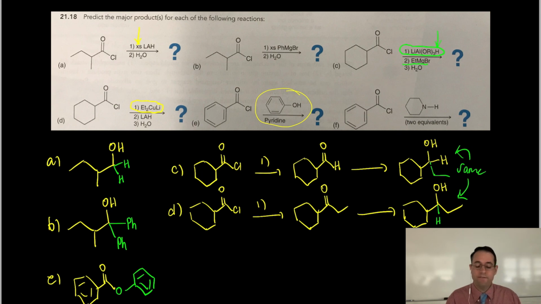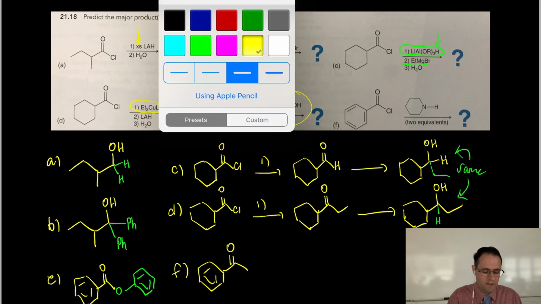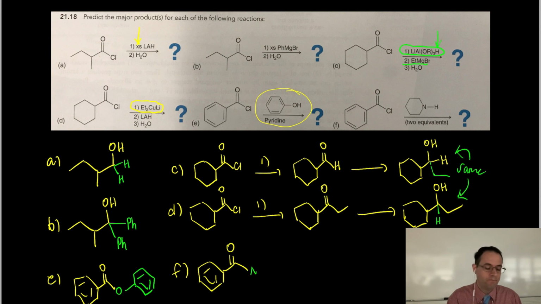In part F, we have formation of an amide. So replace that chlorine with the nitrogen. And then think carefully about what R groups are on that nitrogen. There's a ring, right? So you want to keep that ring intact. It doesn't break apart or anything during this reaction.